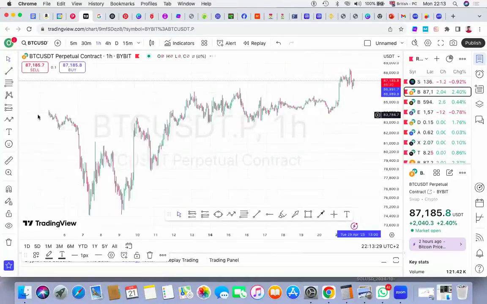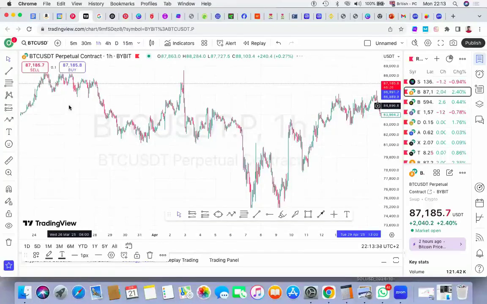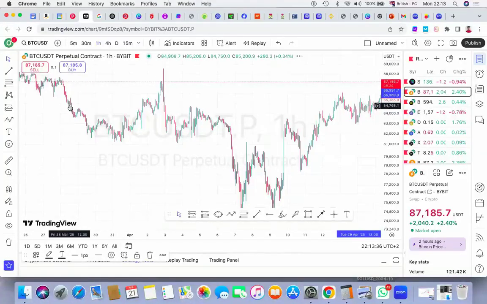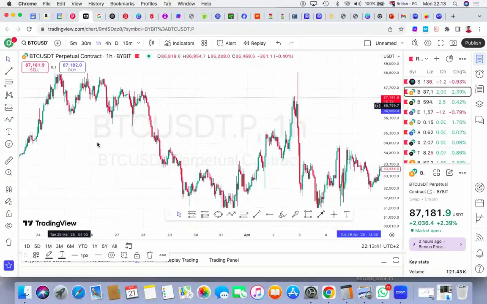So, we're on 1 hour time frame here on Bitcoin. And here there was a downtrend.